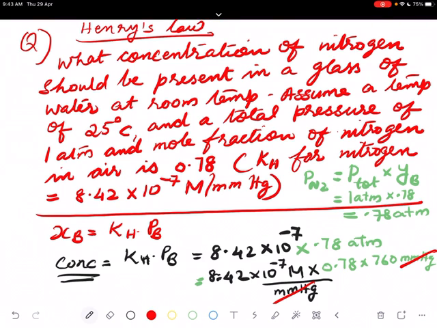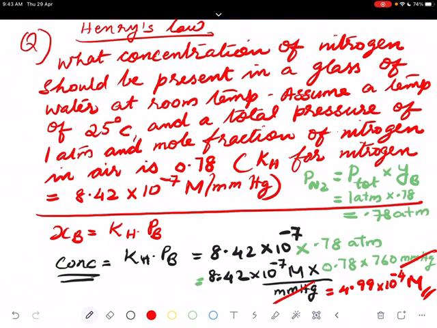You can multiply and you will get the concentration in terms of molarity. The answer is 4.99 into 10 to the power minus 4 molar. This is the concentration.